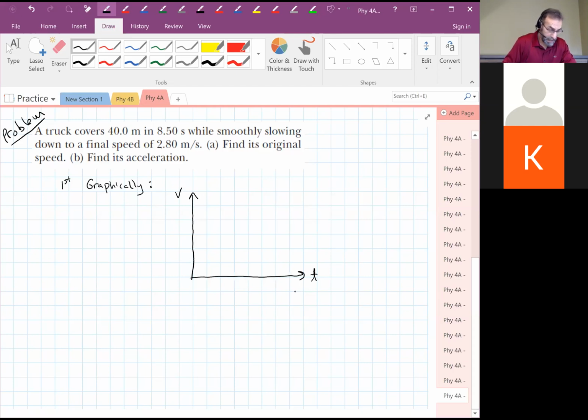So we know it starts out at some initial velocity. We don't know what it is. It starts out at some initial velocity, and it slows down.